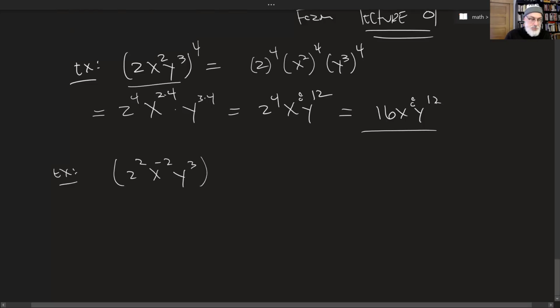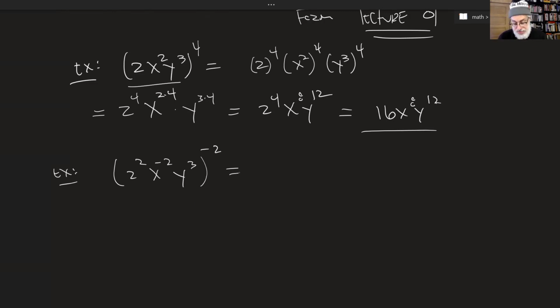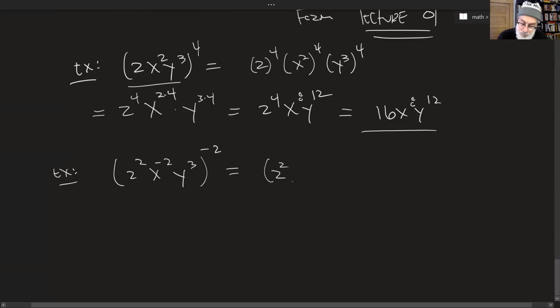Another example, we're going to mix in some other ideas that we just explored. So I'm going to apply the rule literally, meaning that I have this quantity of products taken to the -2. So I'm going to take each to the -2, being very careful of how I write each term. And once you're good at this stuff, when it's a little bit clear to you, you don't have to do intermediate steps like this.